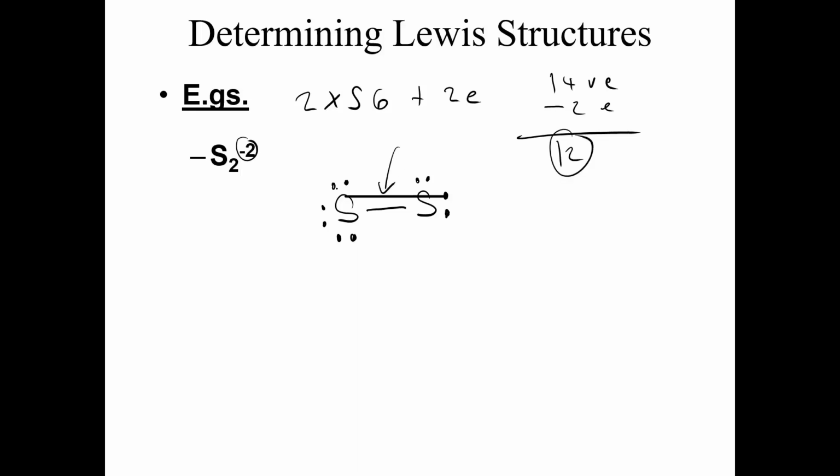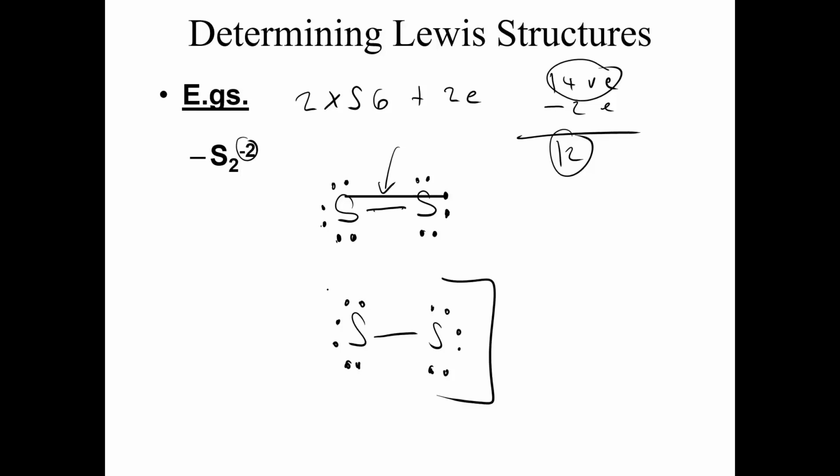I've used up 2 already. So 2, 4, 6, 8, 10, 12. I did start counting total, and I started out by saying 3, 4, 5, 6, 7, 8. Anyway, so you're done, right? So you have a sulfur, a single bond, and this has an overall negative charge.